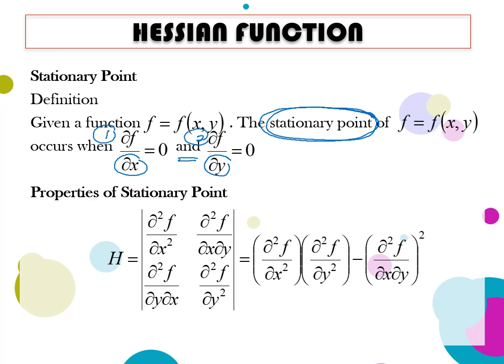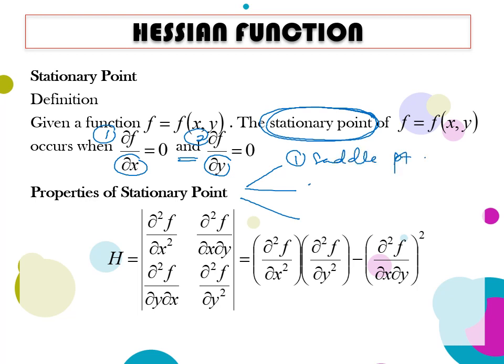Once we determine the location of the stationary point, we need to determine the type of stationary point by looking at the value of our Hessian. The Hessian will determine the type of stationary point. There are three types. The first one is called a saddle point.